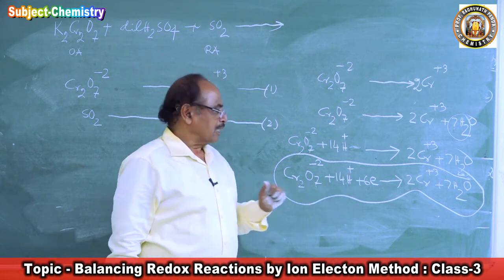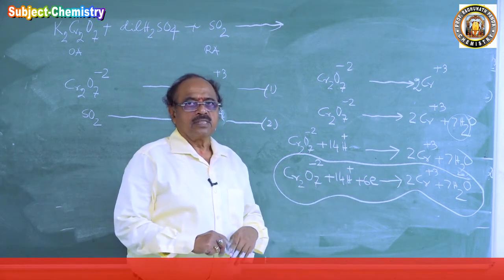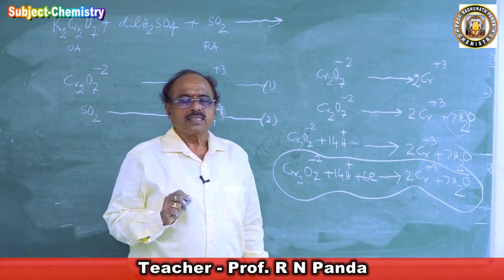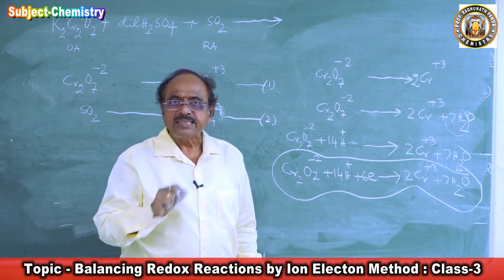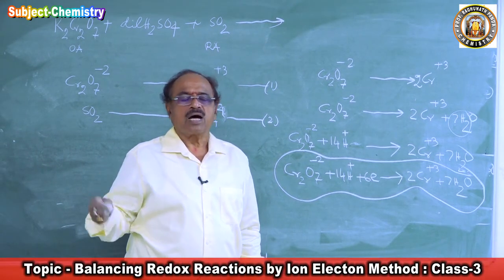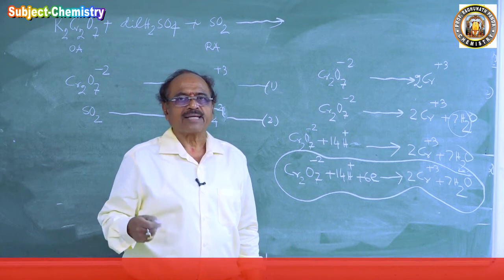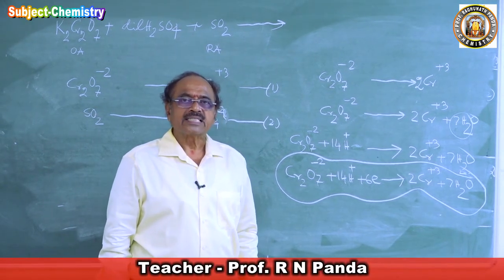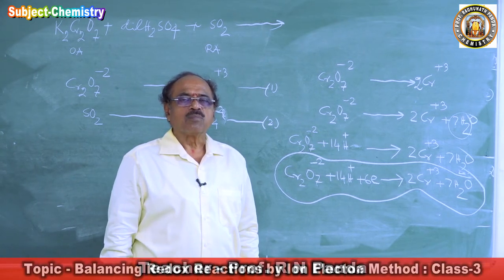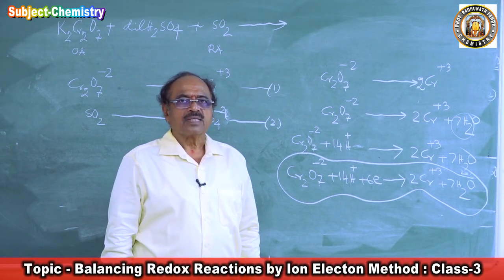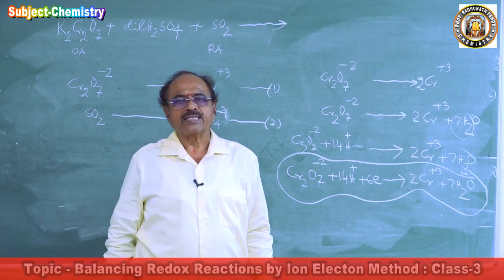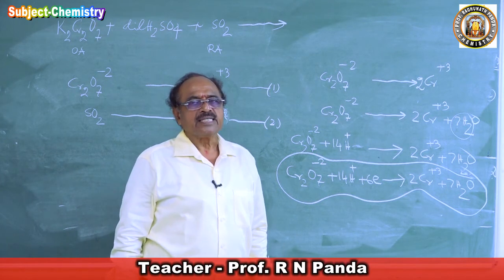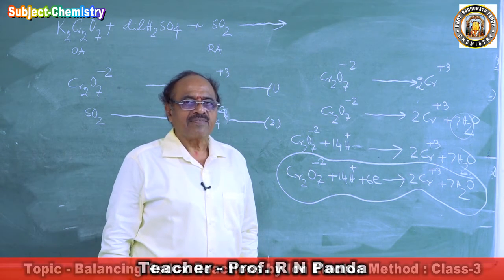This is number one. Number two, 6 electrons. It tells us that during the oxidation property of potassium dichromate, it is involving 6 electrons. So its equivalent mass will be molecular mass by 6. Just like in case of potassium permanganate, I taught you MnO4 minus plus 8H plus plus 5e gives Mn plus 2 plus 4 water, with 5 electrons.